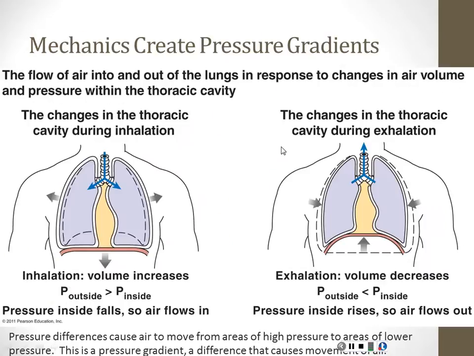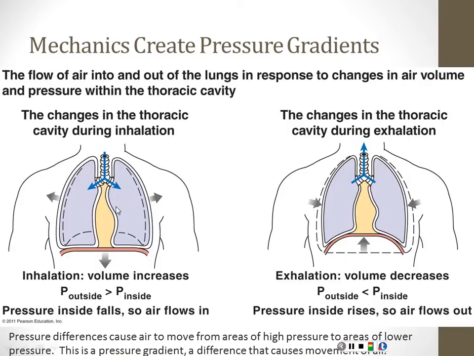So what does that actually make happen? This is an inhalation, right? The ribs have gone up and out. The diaphragm has flattened. So the walls got bigger and the floor went down. That causes the volume of the lungs to go up. As the volume goes up, the pressure goes down. Now, we're surrounded by pressure all the time, right?